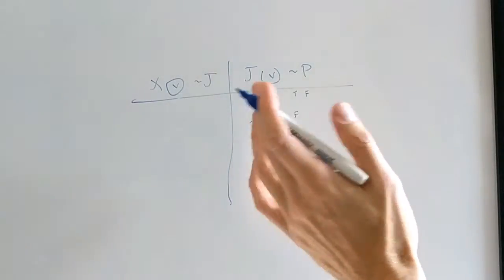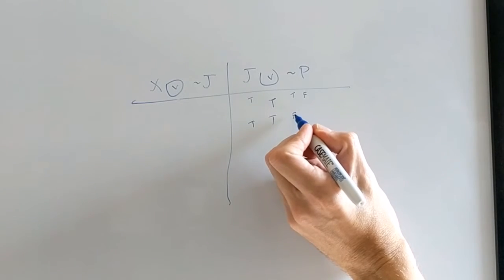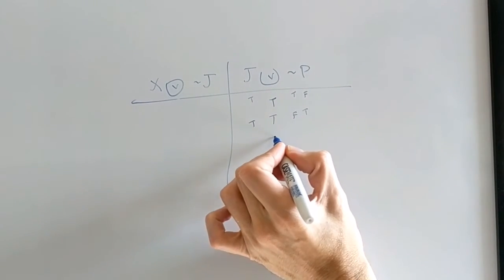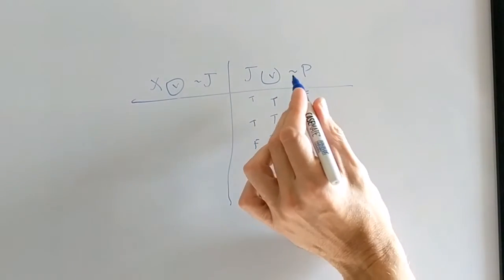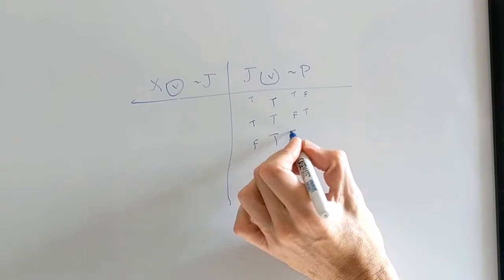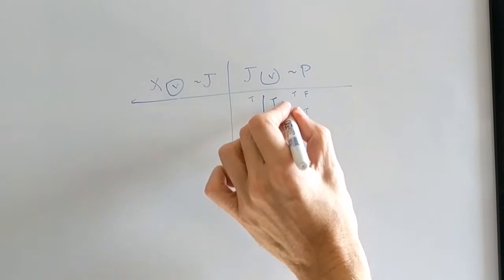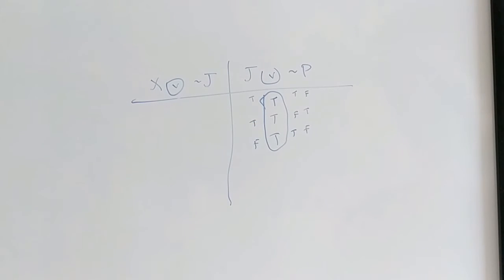I just have this memorized. That's how I know the three different ways. Anyway, so if this is false, that makes P true. And then the one other way in which to make it true is if J is false, then not P must be true, which makes P false. So these are the three different ways that a disjunction can be true.